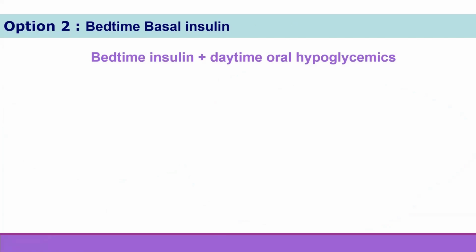So giving basal insulin at bedtime and giving a daytime oral hypoglycemic is a very, very good approach as far as the management of diabetes is concerned, because I believe if you give bedtime basal insulin, in most situations you will be able to achieve a good glycemic control.